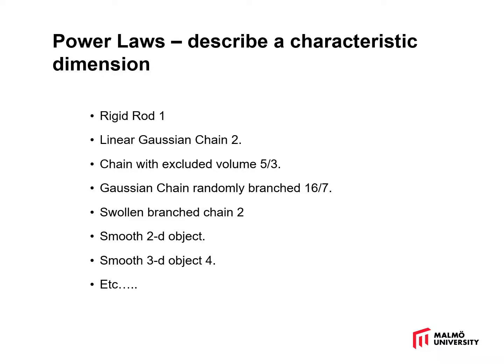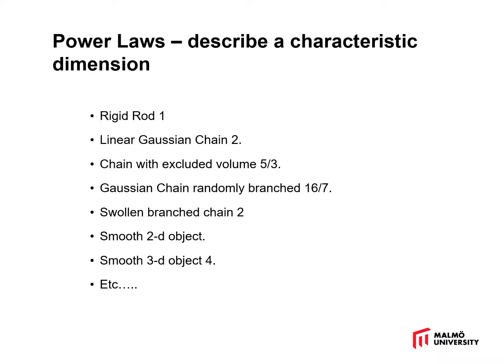So the simplest way of looking at a scattering curve to start with, and you may even be tempted to do this with your data, is just to look at the power law that the log intensity versus log Q obeys. Now these can just be identified in terms of simple shapes, and we showed an example of this with vesicles where the different Q regimes gave different slopes.